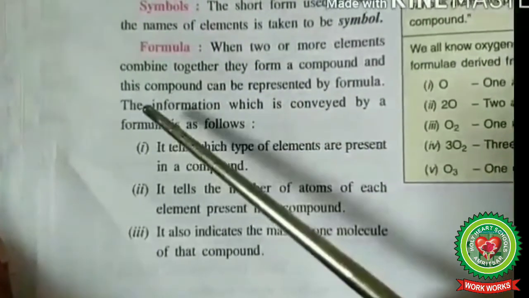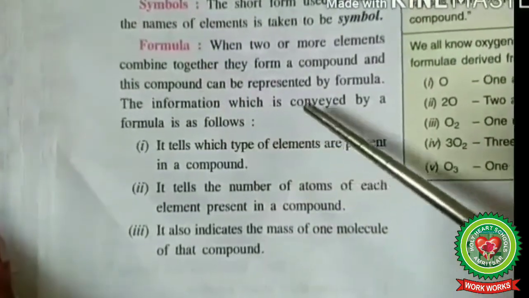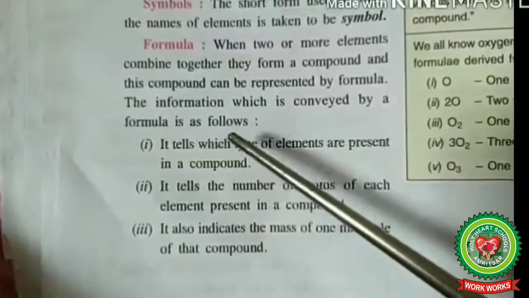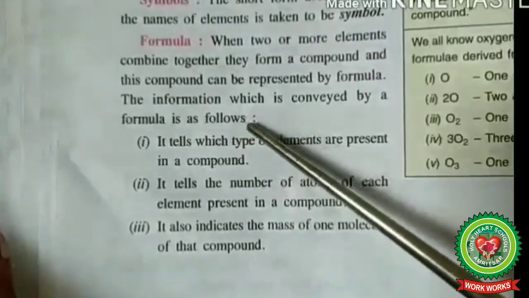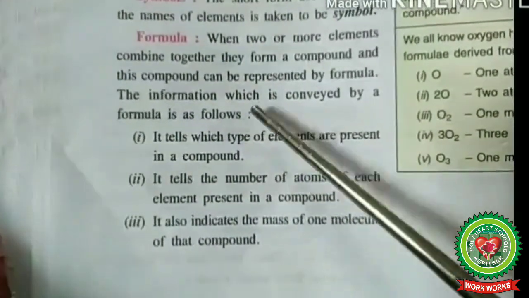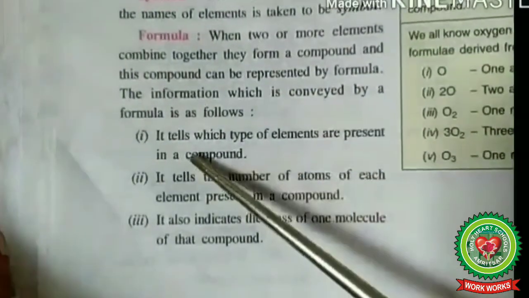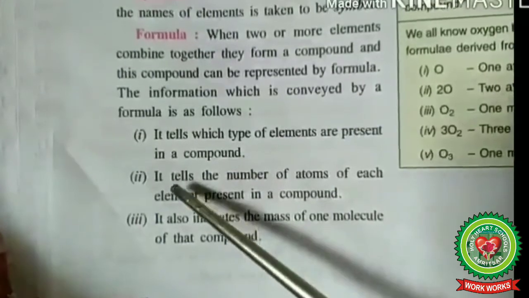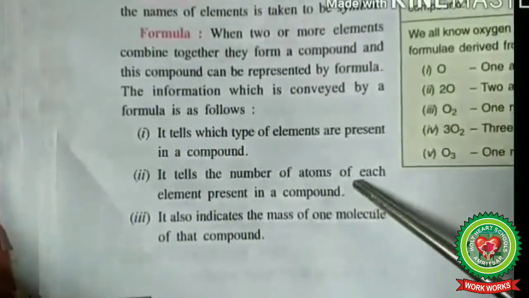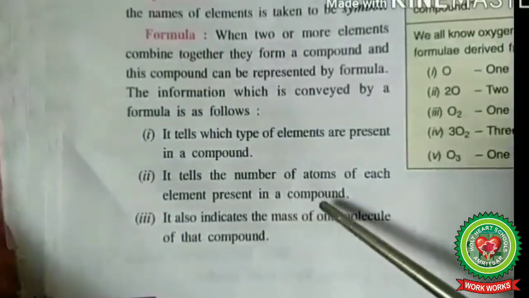Now, the information which is conveyed by a formula is as follows. What is the importance of writing the formula? First point is, it tells which type of elements are present in a compound. Second one is, it tells the number of atoms of each element present in a compound.